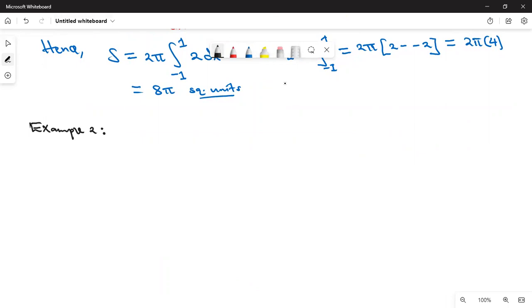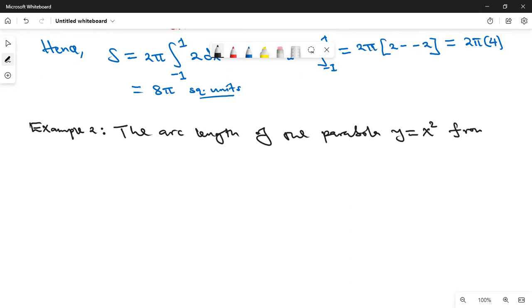In example 2, you are asked to work out this question. You are told that the arc length of the parabola y is equal to x squared from point (1, 1) to (2, 4) is rotated about the y-axis.